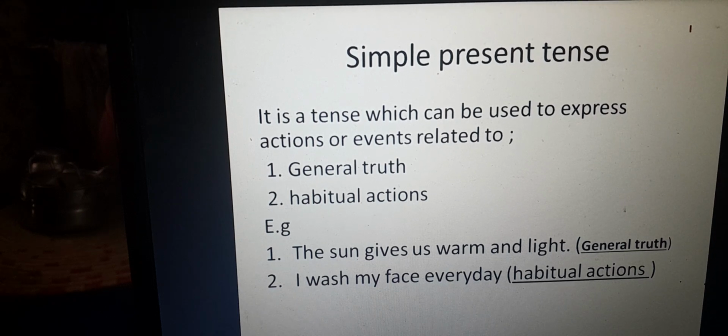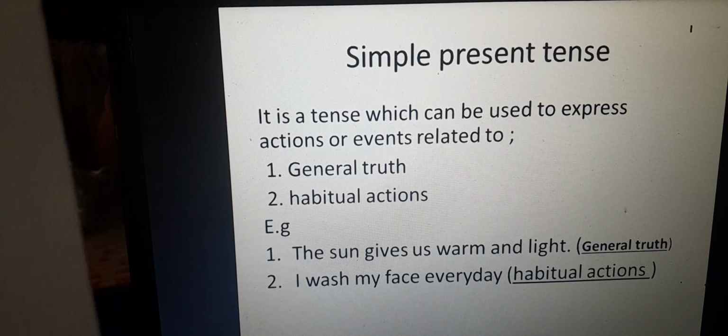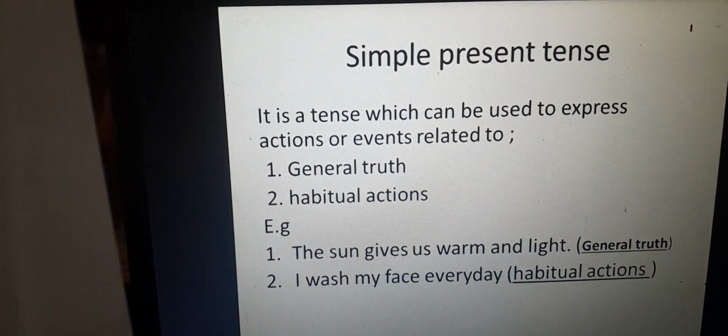All right. Hello, guys. Today we are going to learn about simple present tense.